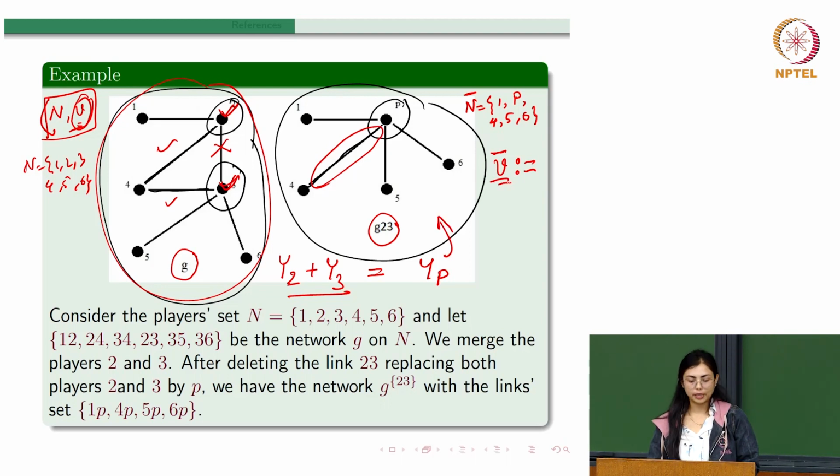This is what we call the pairwise merging property. With the help of this property we can axiomatize the bunch-up value.